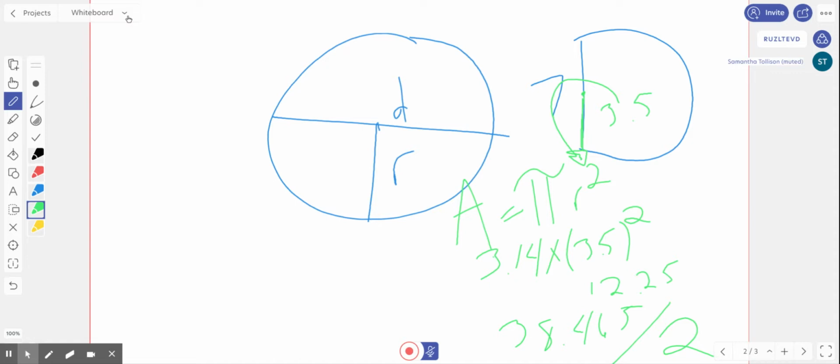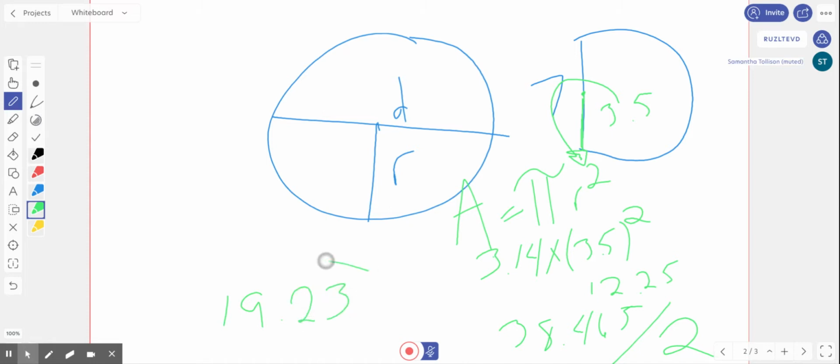Again, I'm dealing with a semicircle here. So I have 38.465 divided by 2. I'm going to round it: 19.23.